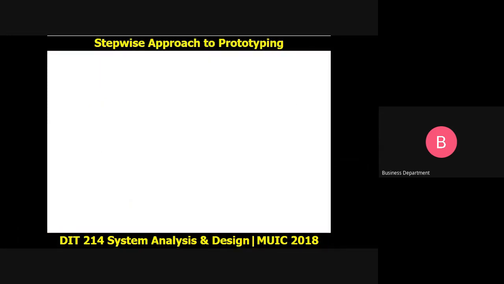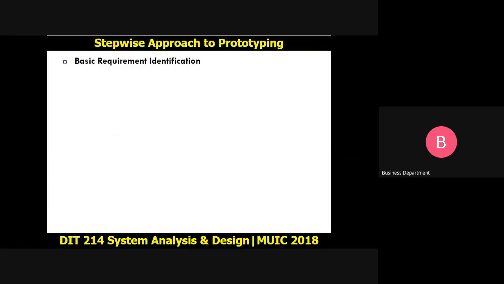And we can now look at what the stepwise, or structured, methodology is for you to use when you are doing prototyping. The first thing is for you to identify the requirements that you want to capture for that particular system.